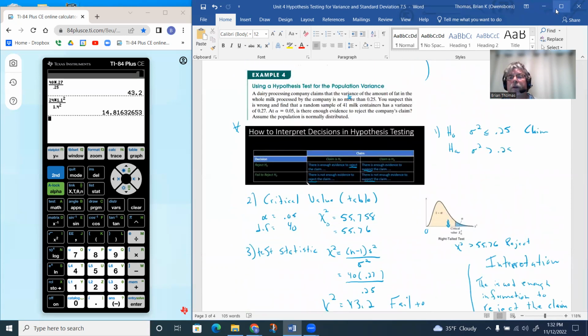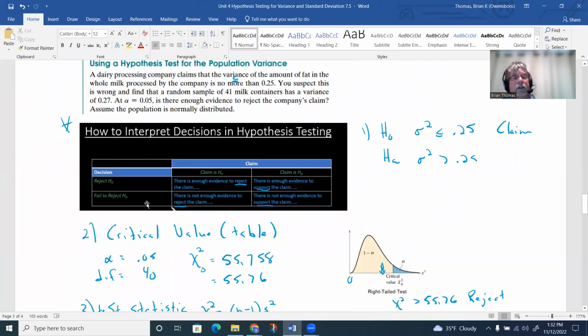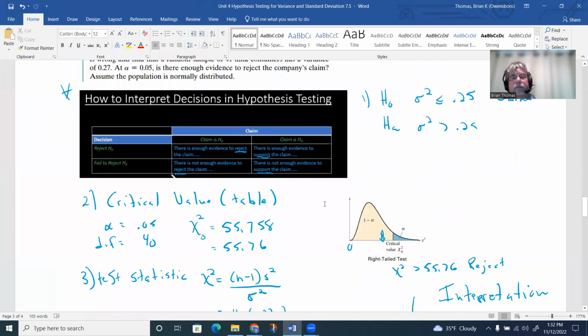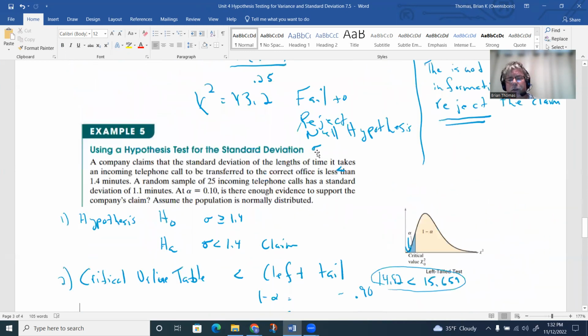Since we did reject the null hypothesis and our claim was the alternative hypothesis, there is not enough information, there's not enough evidence to support the claim. I'm sorry, we rejected it, didn't we? So if rejected, there is enough information to support the claim. That makes better sense.